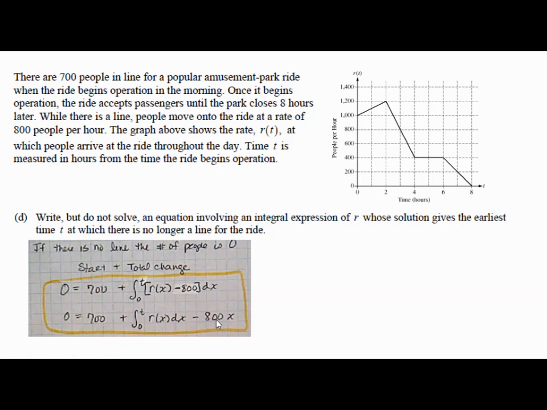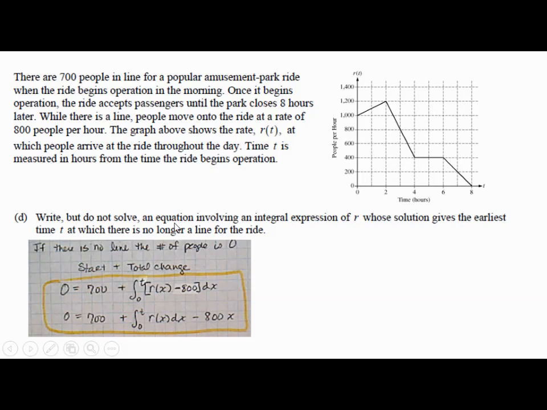Okay, part D. Write but do not solve an equation involving an integral expression of r whose solution gives the earliest time at which there is no longer a line for the ride. So that's a lot to think about. I mean, the solution's really easy, but it's a lot to think about.